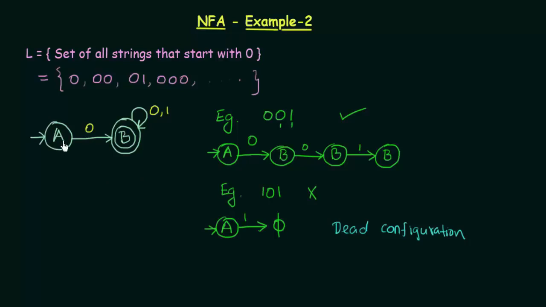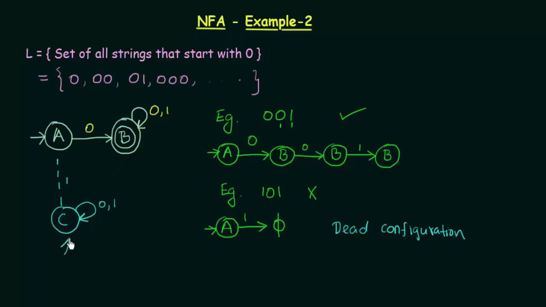We have to mention where A goes even if it gets input 1. So let me convert this into a DFA. I would send it to another state called state C on getting input 1, and after coming to state C, it stays in state C whether it gets input 0 or 1. If a string comes to state C, it does not have any way of going back to the final state B anymore.